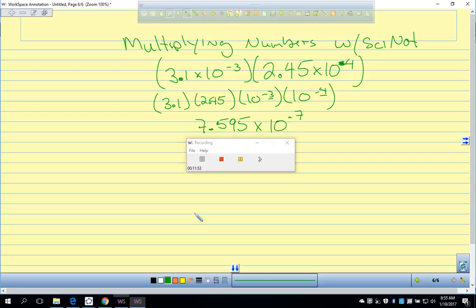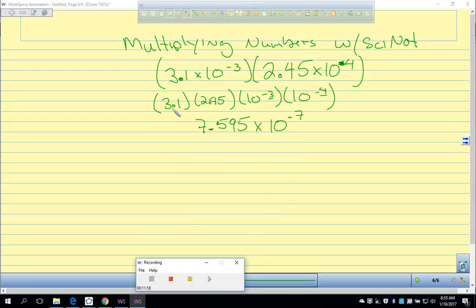The only thing you've got to be careful of with this is, see how this has two significant digits? Your answer can only have as many significant digits as the least amount of significant digits in any of the numbers in your problem.